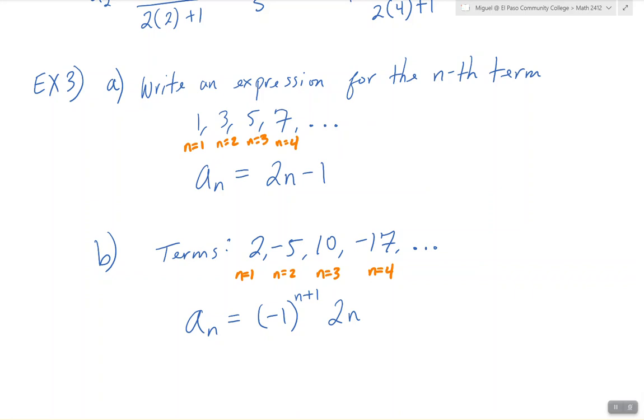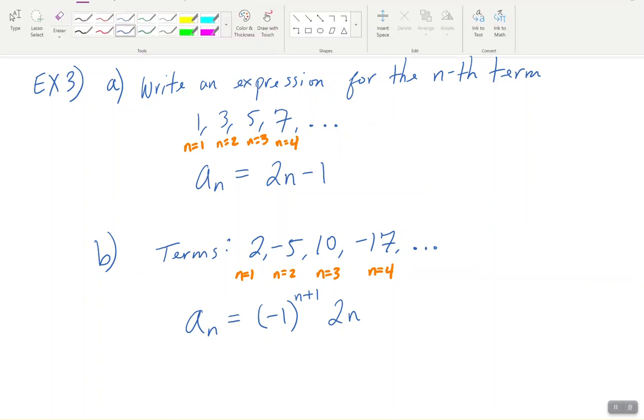So don't worry about the plus and minus, right? Just worry about getting 2, 5, 10, 17. Plugging the 1 here, 2 times 1 is 2, so it works for this one. But then you check the next one, 2 times 2 is not 5, right? So we know that this can't be 2n. So what else can we try?